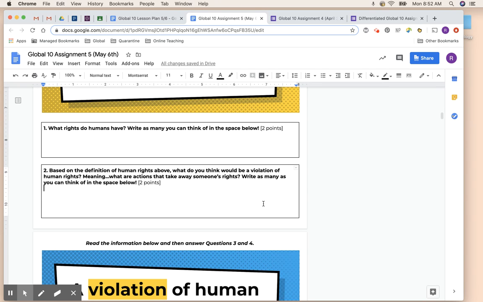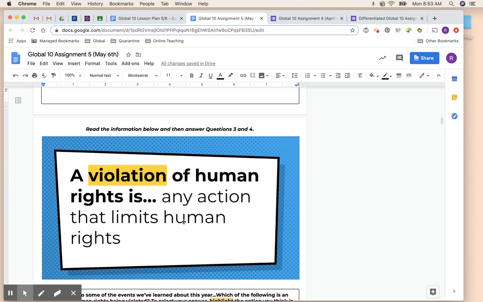If Twitter came in and deleted my tweet, that would be a violation of my human rights because I have the right to say what I feel. And if they're deleting it, they're taking away that right. Obviously there's more, like killing somebody. That's a violation, right? So try to write as many as you can.